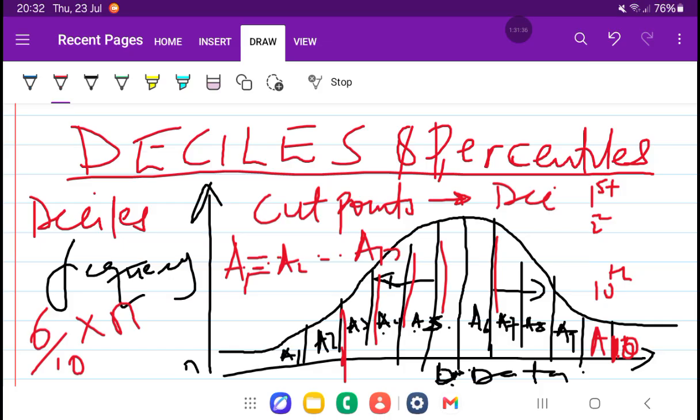That's why you find the decile and the percentile under the grouped frequency, because that's where they always give you a frequency which is a little bit high. The total frequency you can find maybe is 50, 40, 20, 100, 200, 500, depending on the data set that has been given to you. That's where most of the times we compute the percentile and the deciles. But just know it is the same thing.